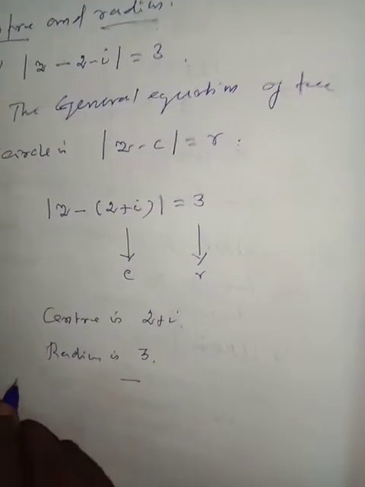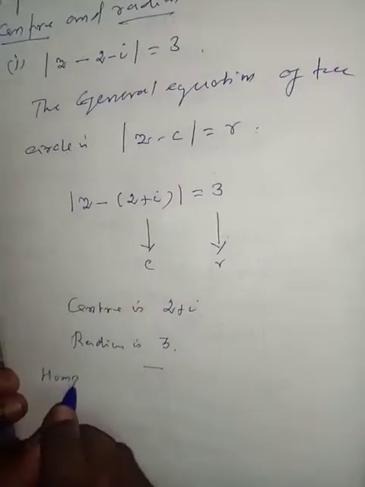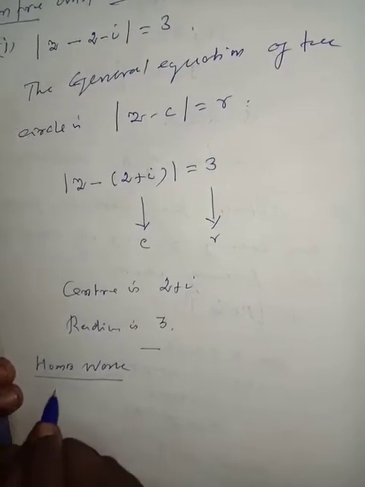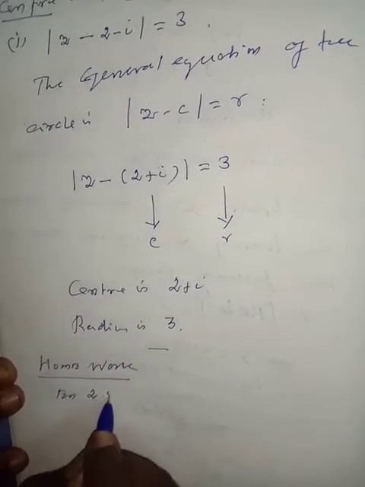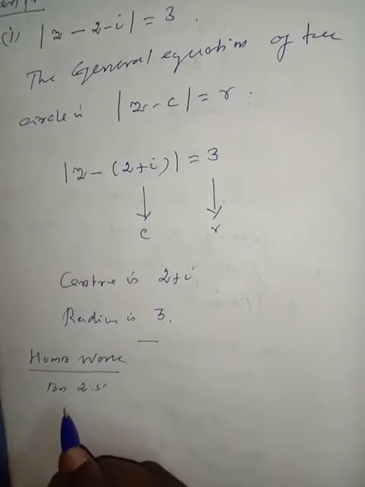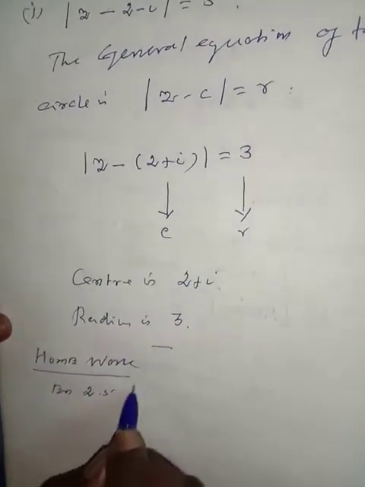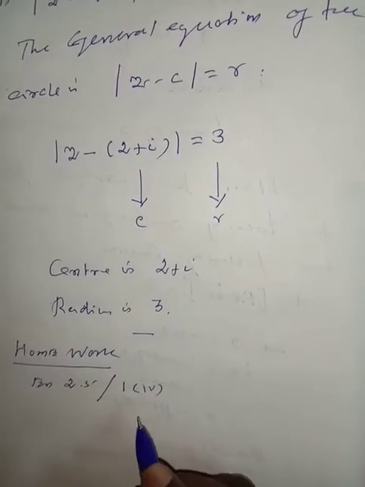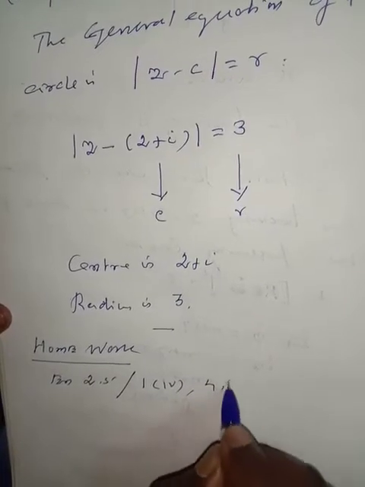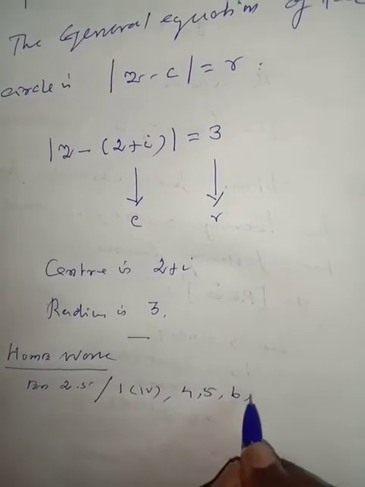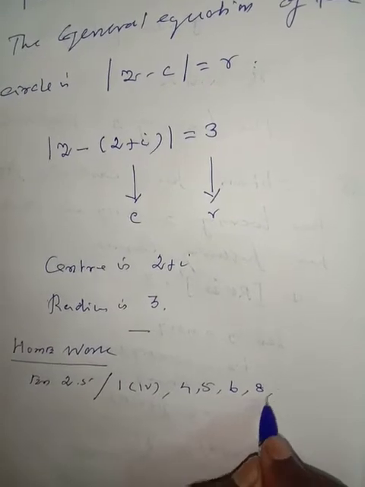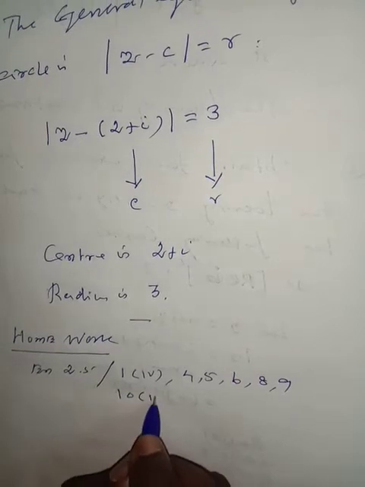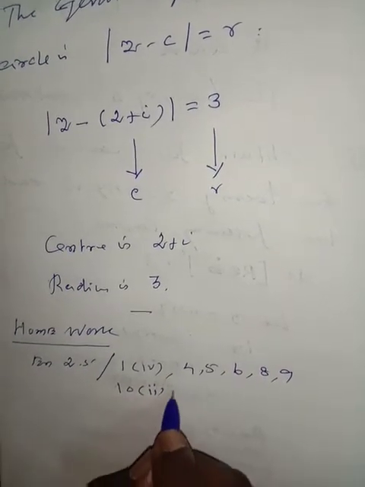Now, homework. Exercise 2.5: sum number 1, subdivision number 4; fourth sum, fifth sum, sixth sum, eighth sum, ninth sum, 10th sum, subdivision numbers 2 and 3.